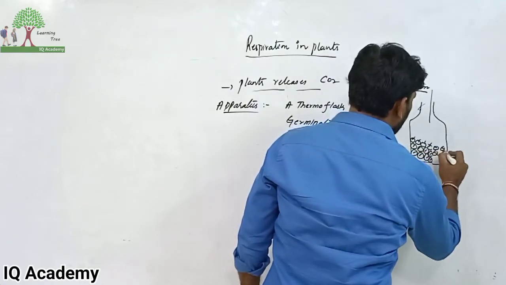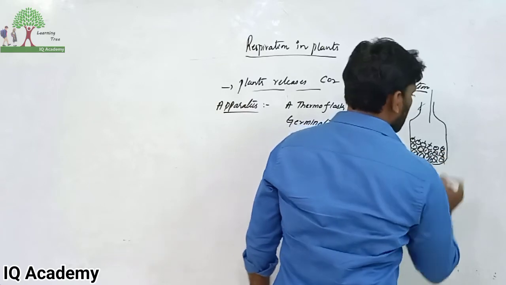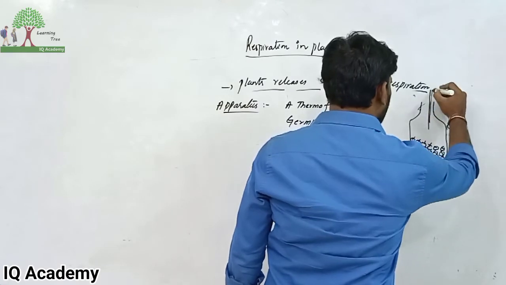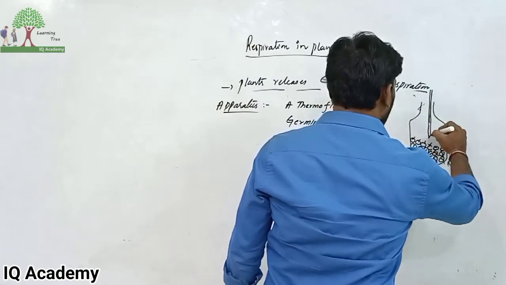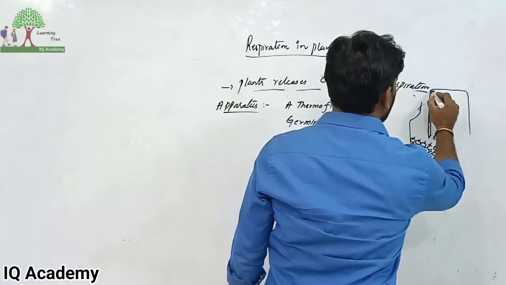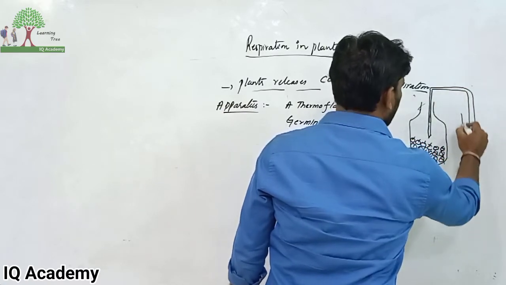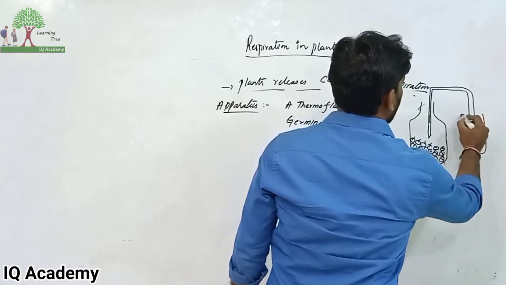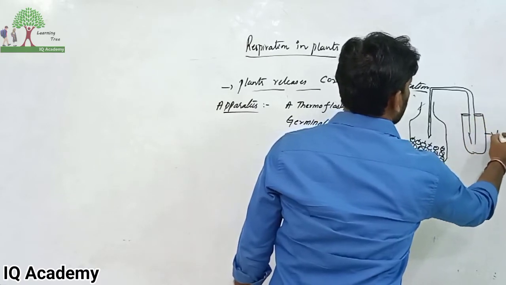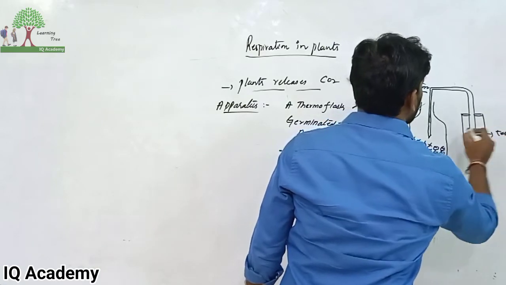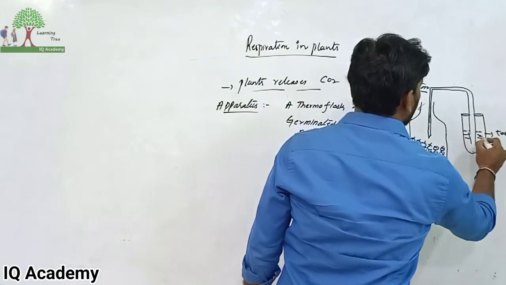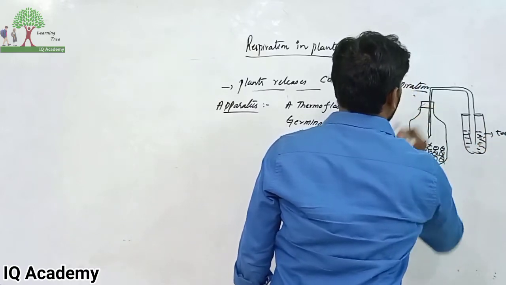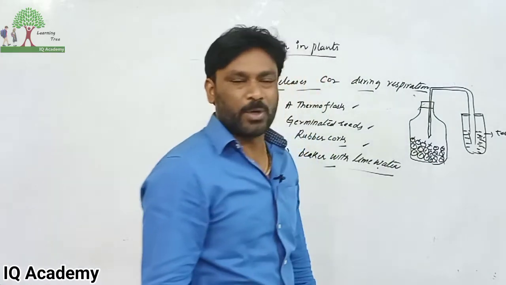Take the germinated seeds and insert a long tube, and this tube should be inserted into a test tube which consists of lime water and is fixed with a single-hole rubber cork.